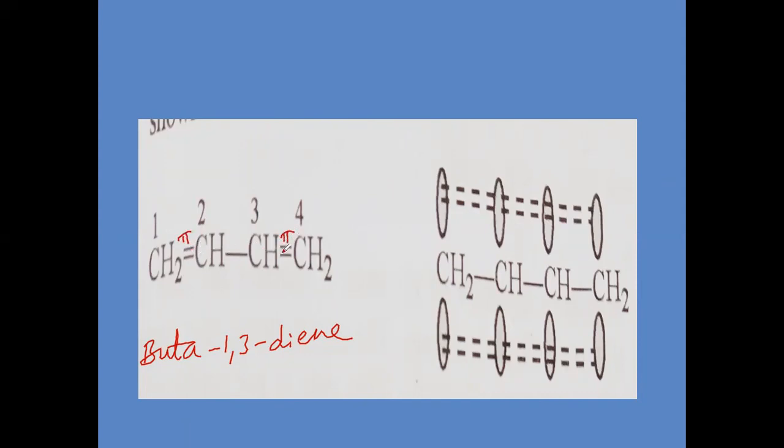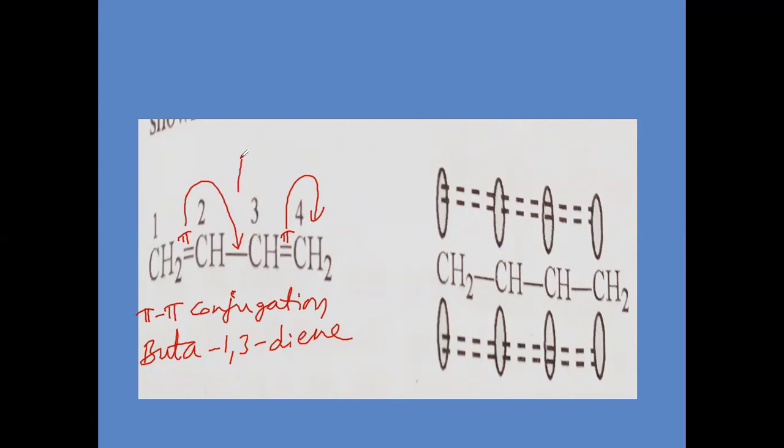So pi bond and pi bond are at alternate positions. This is called pi conjugation, pi-pi conjugation. When two pi bonds are at alternate positions, these pi electrons will move to this carbon. Again, these pi electrons will move to the next single.